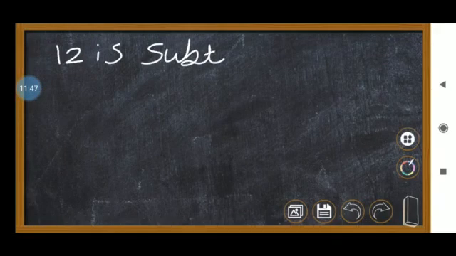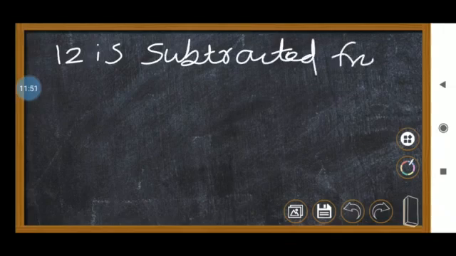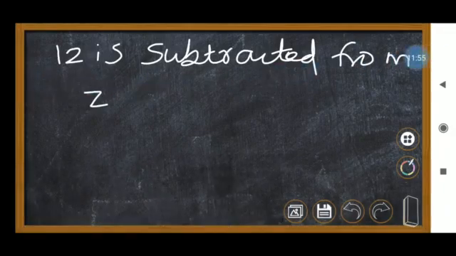12 is subtracted from Z. First you have to know whether they gave a full number, or a variable, or a constant and variable.